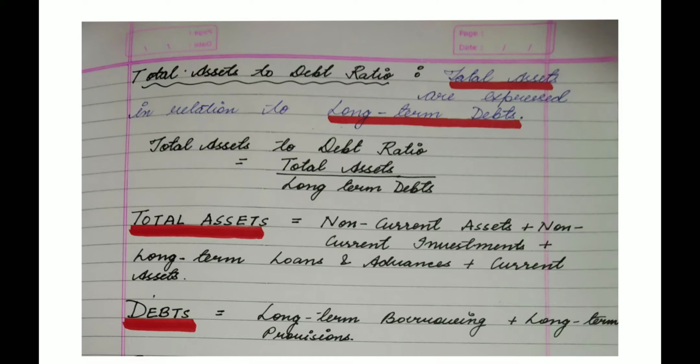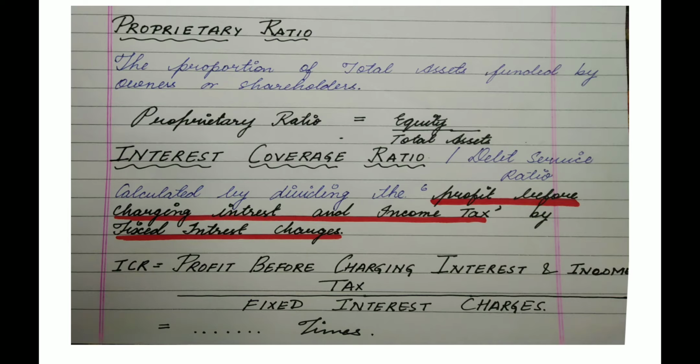Now the another ratio here is the proprietary ratio. The proportion of total assets funded by the owners and shareholders is called the proprietary ratio. The ratio indicates the relationship between proprietor's fund, or net worth, and the total assets.